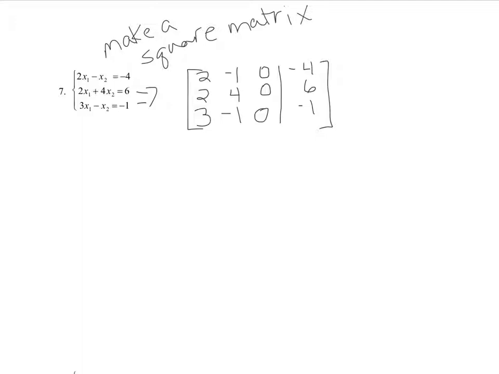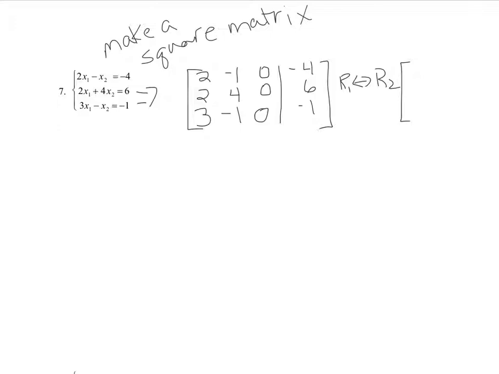One thing that I notice I can do, and it's perfectly okay if you decide to do 1/2 times row 1 on your first step, but look what happens if I switch row 2 and row 1. If I multiply row 2 times 1/2, I won't get any fractions. So I think the first thing I want to do is switch row 1 and row 2.